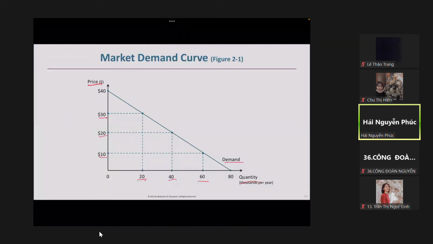This is our demand curve, right? And of course, you can see that it is downward sloping. The law of demand tells us that the demand curve is downward sloping. The relationship between price and quantity demanded is negative. Okay.